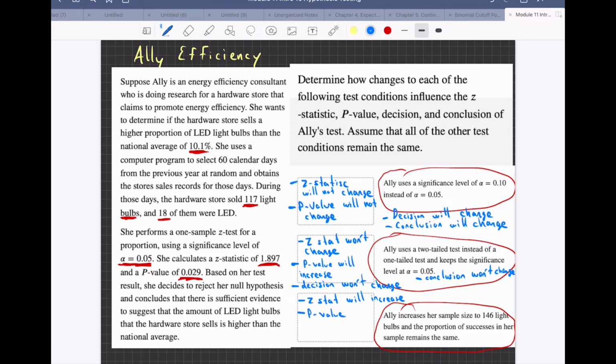This has to do with the way we compute the C-statistic and the p-value, because notice, the C-statistic depends on the sample size, and the p-value depends on the test statistic. So p-value will decrease. Decision will change. And conclusion will change.